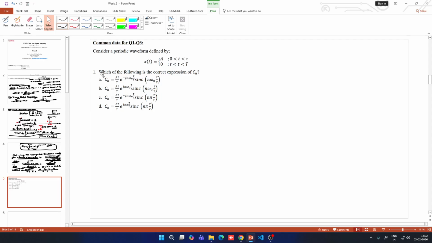In question number 1 we have to find which of the following is the correct expression of Cn. Cn is the Fourier coefficient, so we have to find the Fourier coefficient for this x of t. I hope the question is clear.